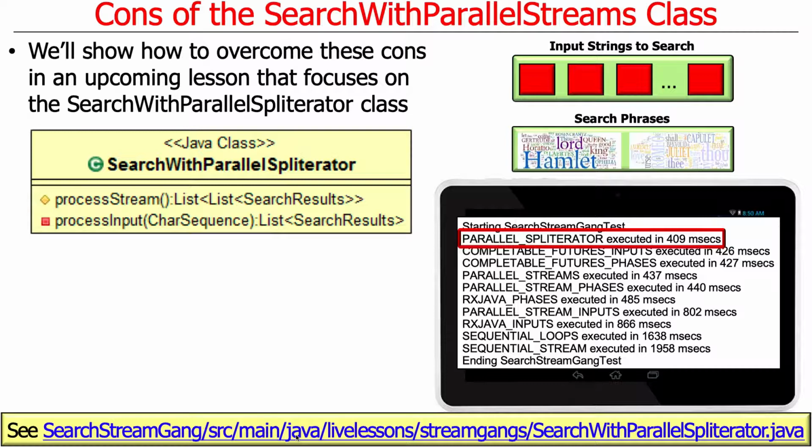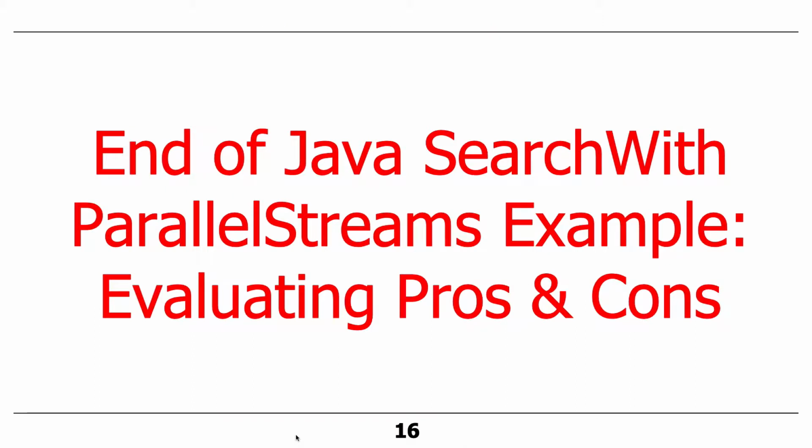So it gives you yet another degree of finer granularity parallel computation, and as you can see, it gives you a bigger speed up. The trade-off, of course, is that it takes extra work to write that splitterator. But once the splitterator is written and debugged, you get that win. And it's not horribly more complicated, although you'll see it is somewhat complicated. So those are basically the pros and cons of this example.